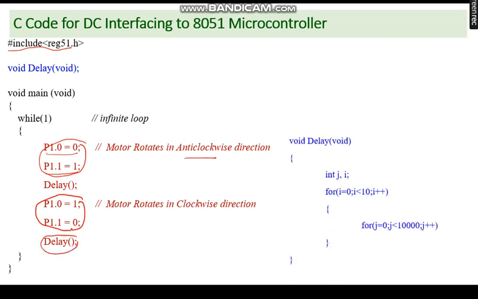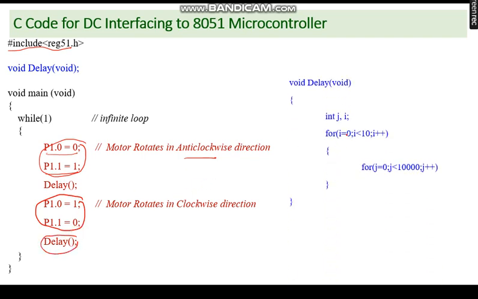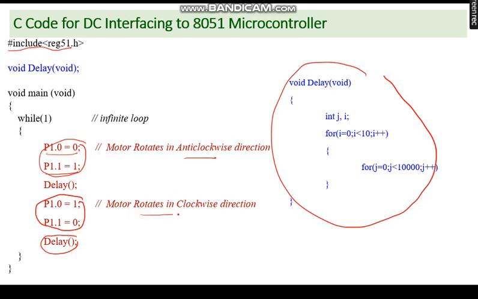You can use this type of delay. This is the program only to generate a delay. The main task is giving supply from P1.0 and P1.1. If it is 0 1, the motor is in the anti-clockwise direction. If it is 1 0, the motor will rotate in the clockwise direction. This is the simple program for interfacing a DC motor to the 8051.